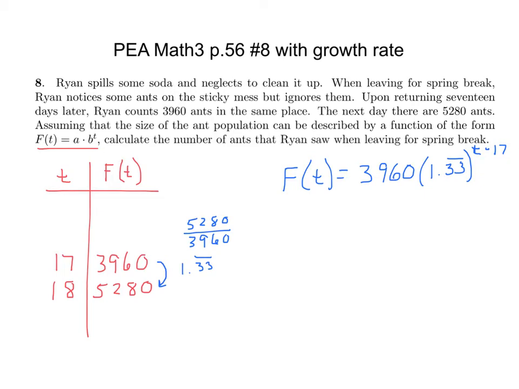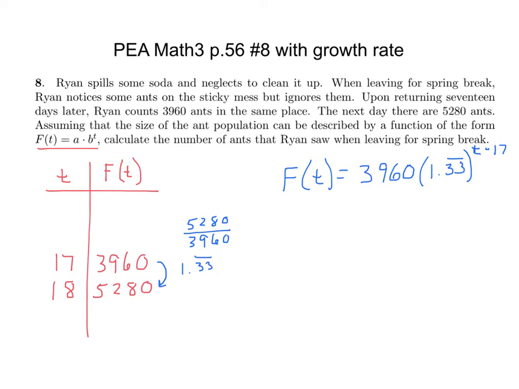Now it says to calculate the number of ants Ryan saw when leaving for spring break. So this becomes kind of a question of, did he see this at the end of the 17th day, or the beginning of the 17th day? There's a general idea there. I'm just going to call when he left for spring break day 0.